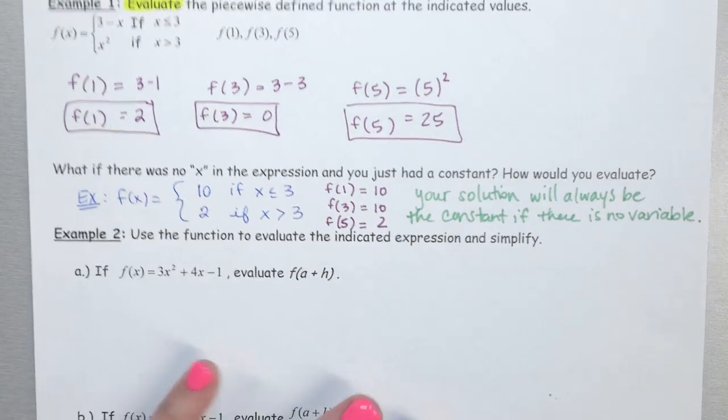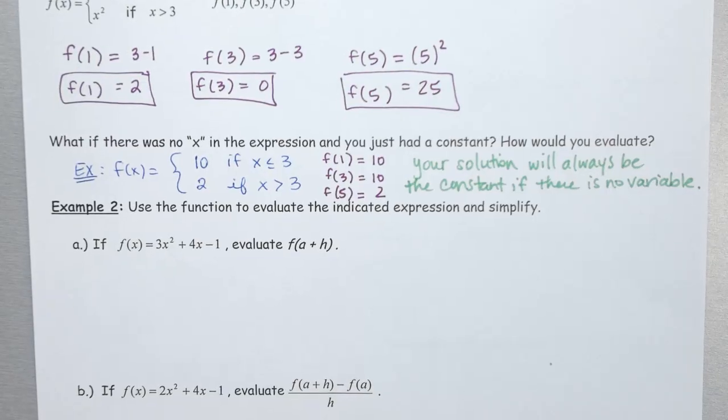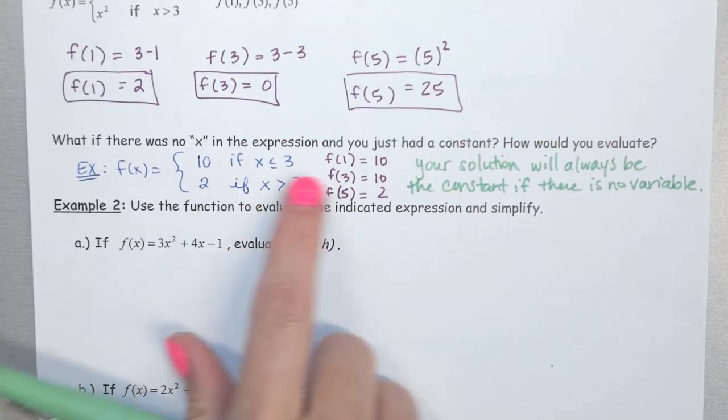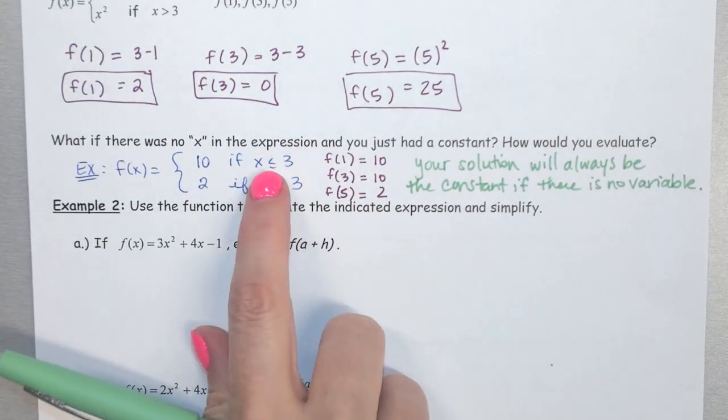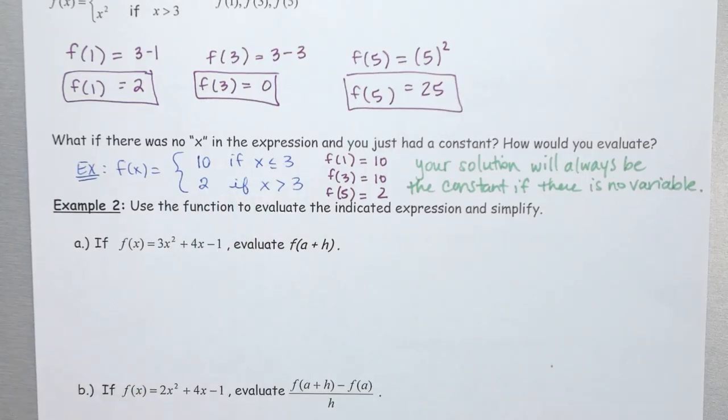If there's no variable, there's nowhere to plug in the 1. All this is saying is that I would have to evaluate on that first interval there. So if there's no variable, you are just going to keep your constant term.